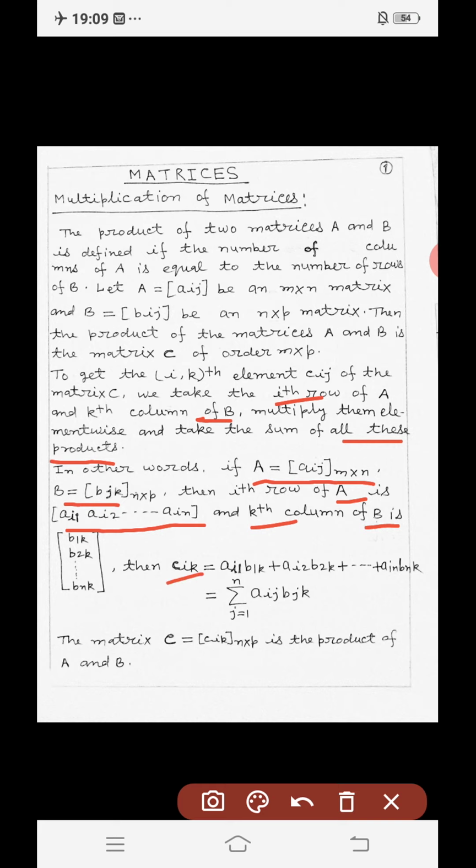Then Cik is equal to Ai1 into B1k plus Ai2 into B2k and so on plus Ain into Bnk, and this is equal to summation Aij Bjk, where j varies from 1 to n. The matrix C = (Cik) of order m by p is the product of matrices A and B.